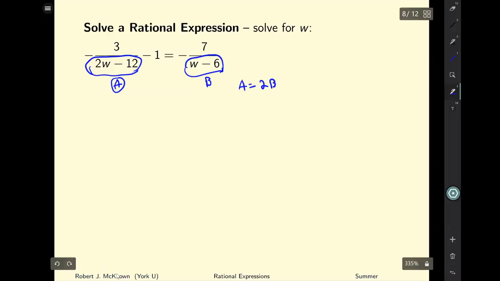So if I multiply the numerator and denominator of this term here by 2, they'll have the same denominator, and I won't be altering the value of that term.